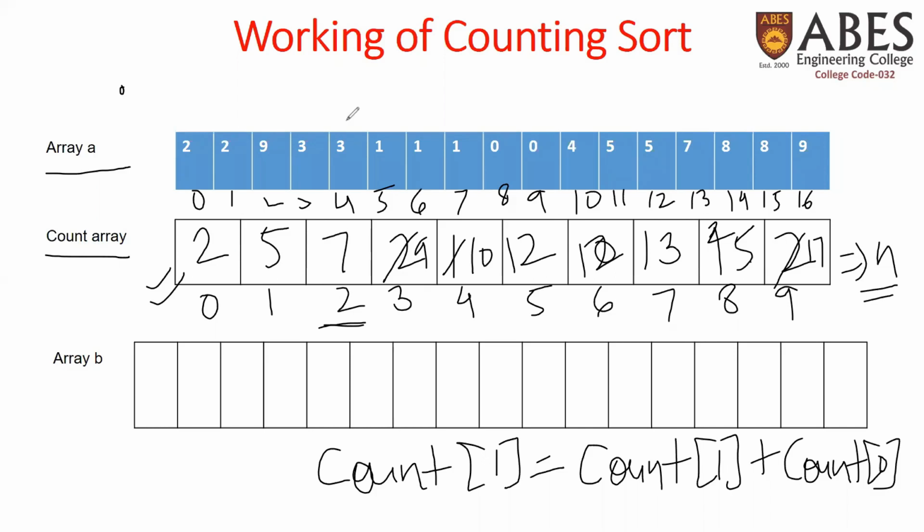This was 5, then 7, and then 9, and then 10, 12, again repeating it's 12, then 13, and 15, and 17.